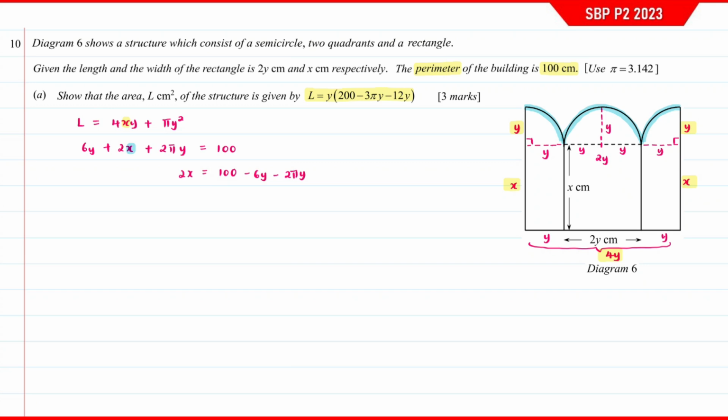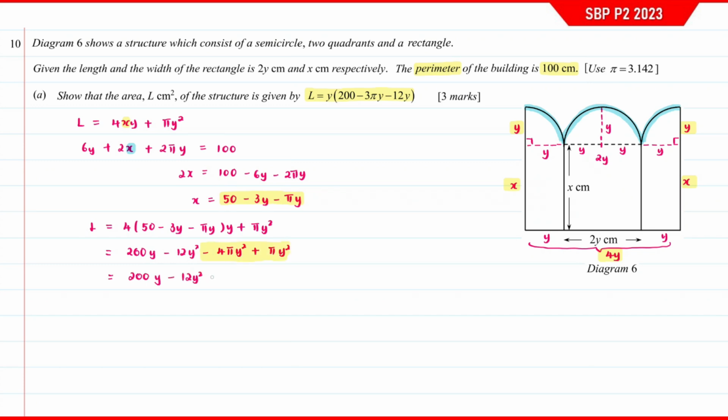Next, we're going to move the number 2 to the other side. Then x is equal to 100 divided by 2 is 50, minus 6y divided by 2, 3y, minus 2 pi y divided by 2, which is pi y. So next, we're going to substitute this into the equation L. So expand this, we're going to get 200y minus 12y squared minus 4 pi y squared.